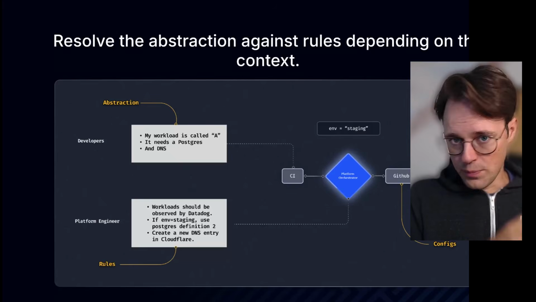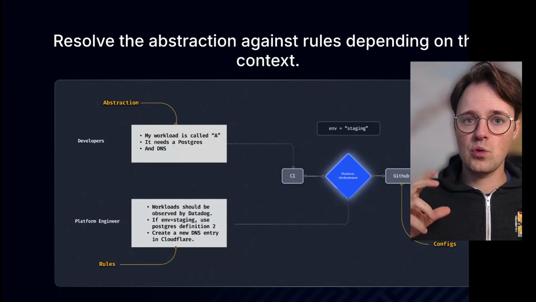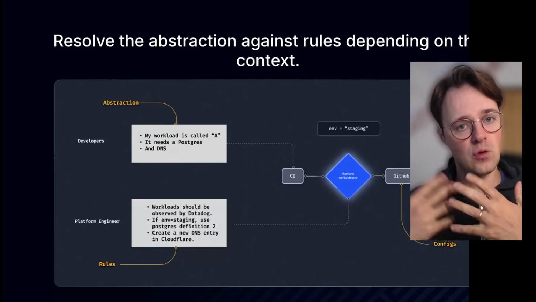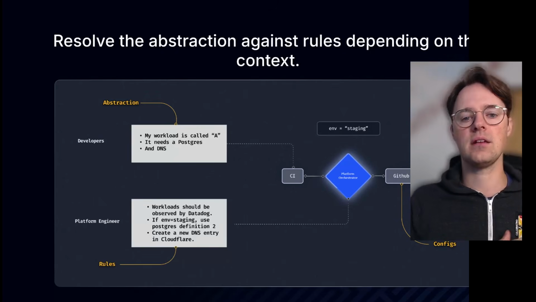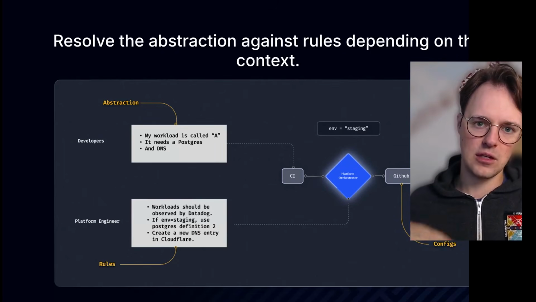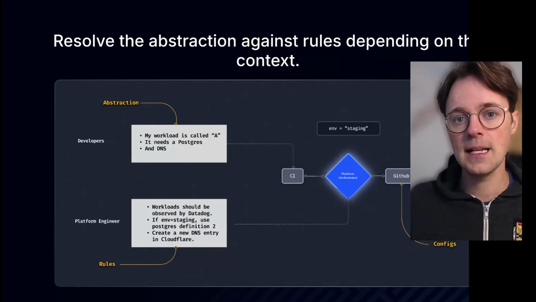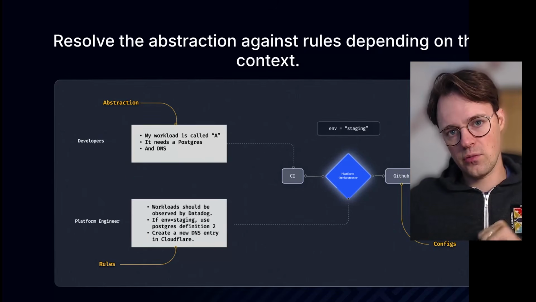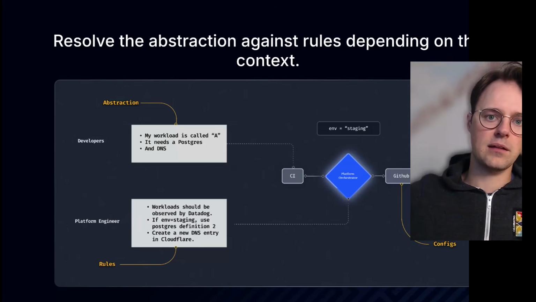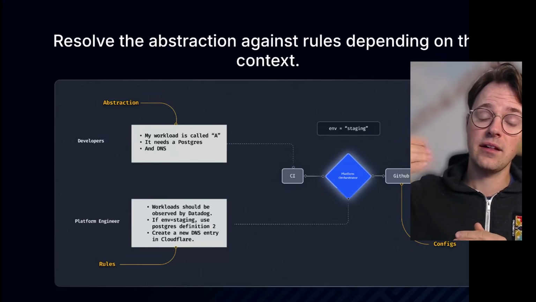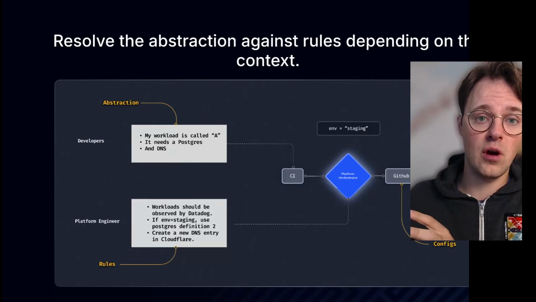And if we're deploying to staging, then we want to use a specific way of defining Postgres, but this should always be the same for staging. And if we create a new DNS, then that should be done in Cloudflare. So all of those rules are codified here. And then if the request from the developers comes in, the backend can pull those rules and actually dynamically create the representation of that environment.